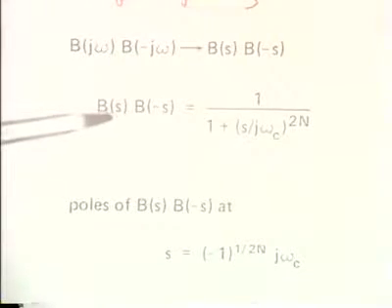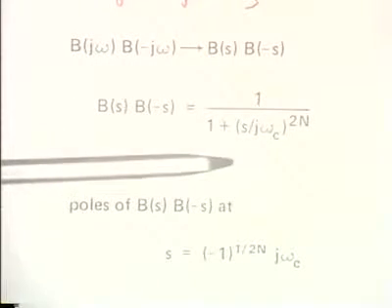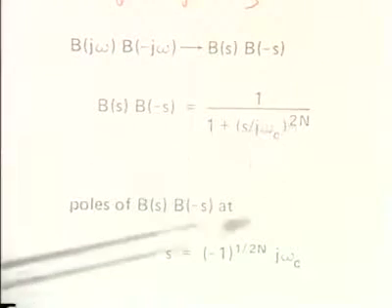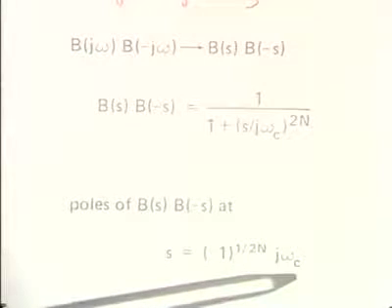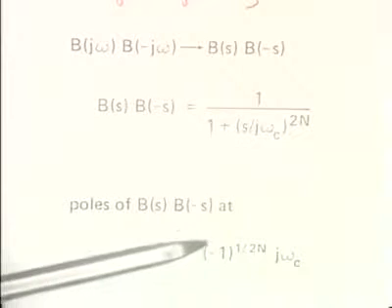We can recognize the poles of this product simply by looking at the roots of the denominator polynomial. Taking account of this factor 2N, those roots are at j omega sub c times the 2N roots of minus 1.